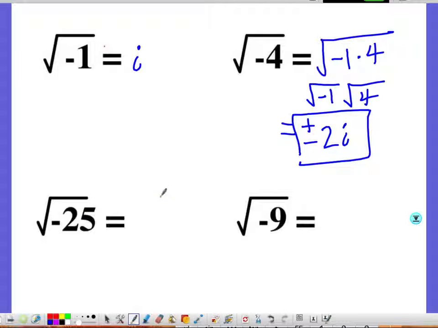And since I already know what the square root of 25 is, and I already know what the square root of 9 is, all I have to do is write 5, and then because I have to remember that I do have the square root of a negative 1, I have to simply write i at the end. So plus or minus 3i for my last one.